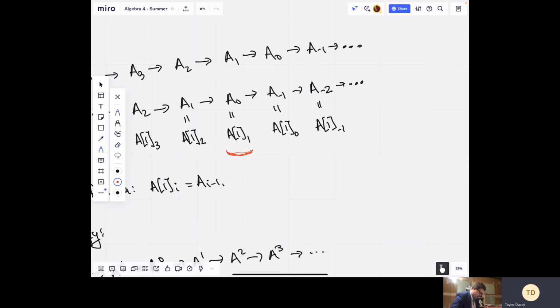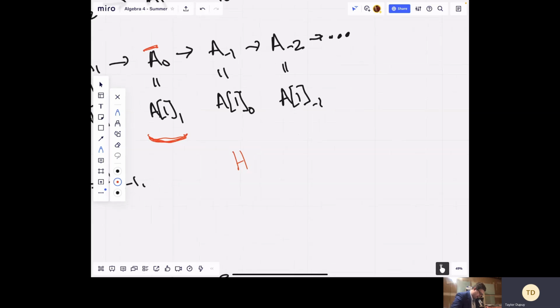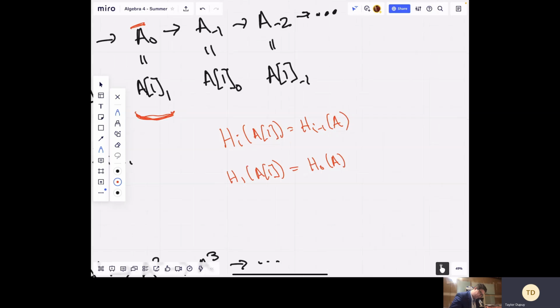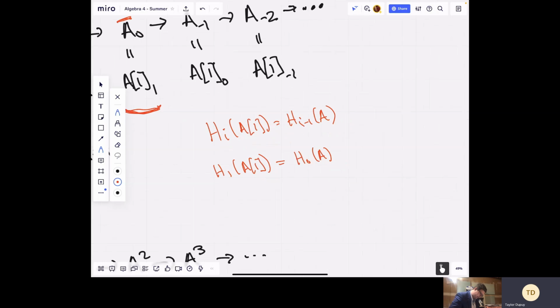So the first homology in the shifted complex is like the zeroth homology in the original complex. Let's make sure this makes sense: H_i of A_1 is equal to H_{i-1} of A. We saw that the first homology of A_1, for example, was equal to the zeroth homology of A, as computed in the example.